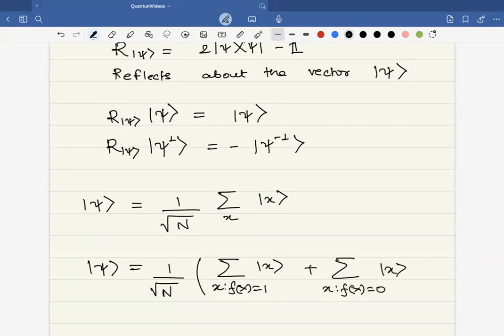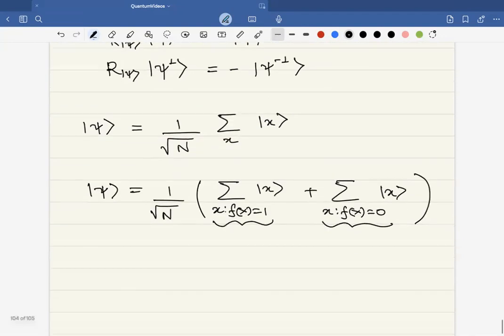Right? So I have divided the uniform superposition into all those vectors that are marked and unmarked. Now this is a vector which contains all the marked vectors, but it's not normalized. And similarly this vector.